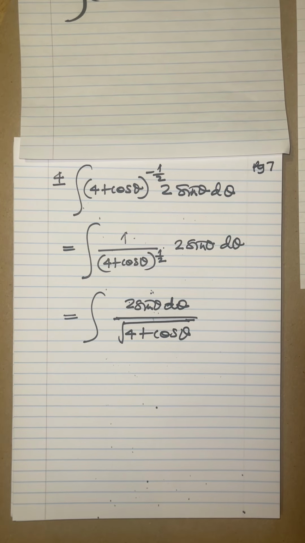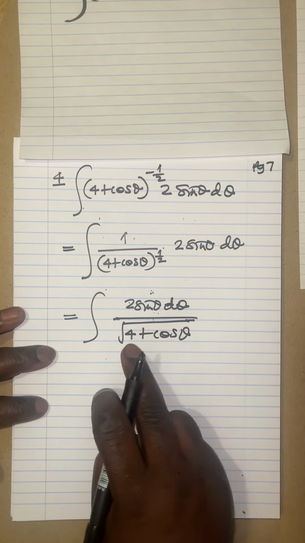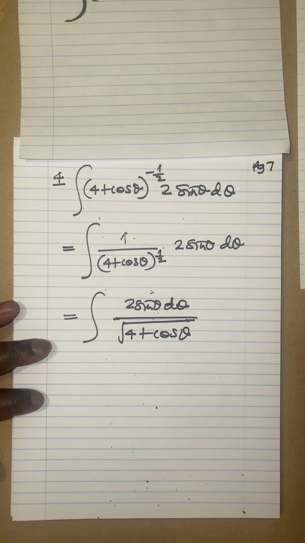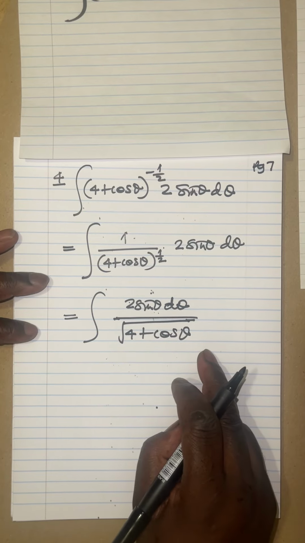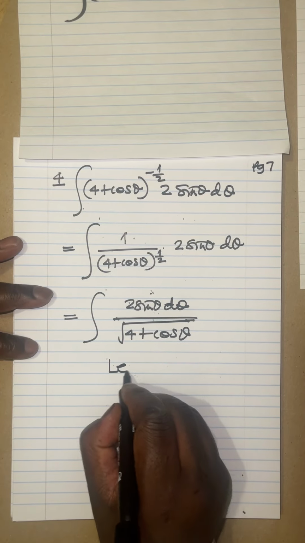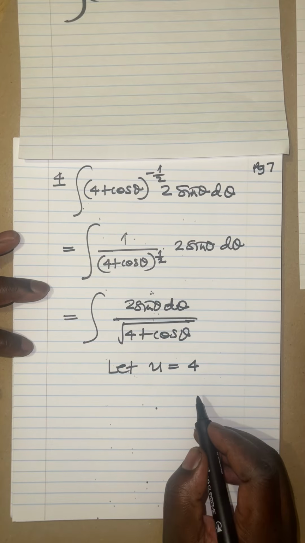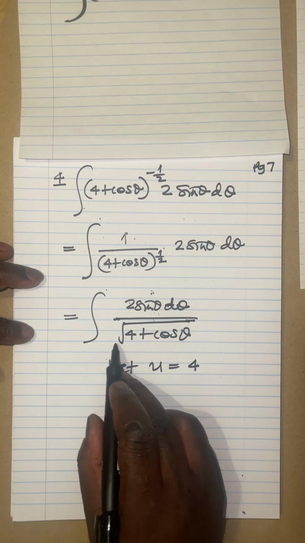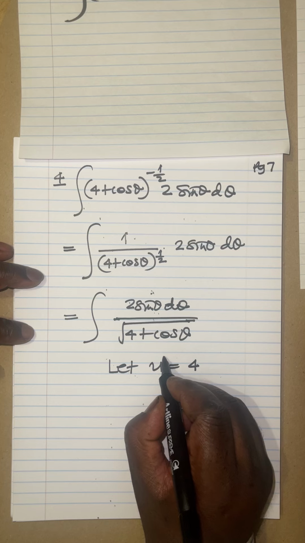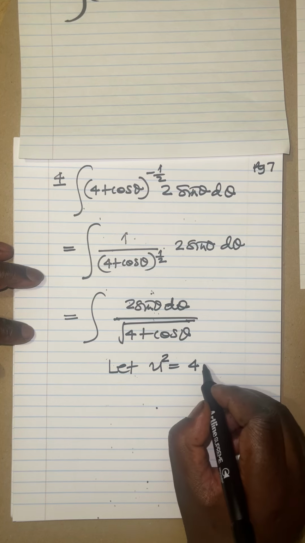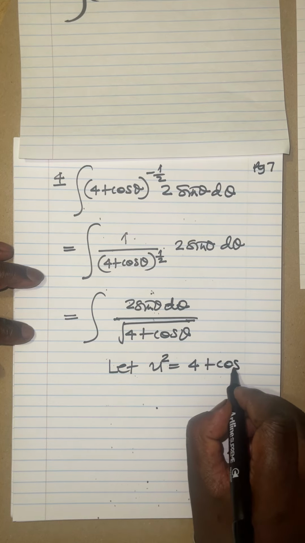Right, now at this stage we're going to let this be equal to u, because now what we have is there's no square here now. So if I let u be equal to 4, I want to let u squared, because I think there's a square root there. It will be better for me to say let u squared equals 4 plus cos of theta.